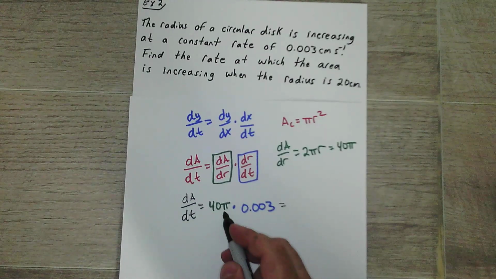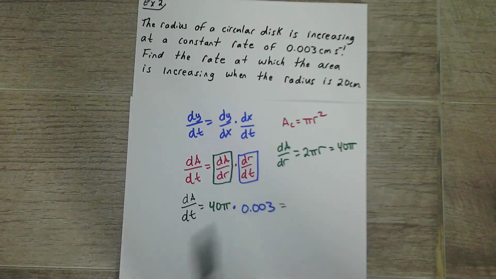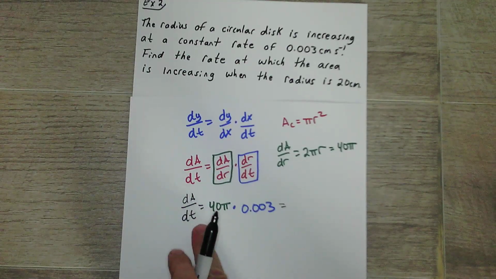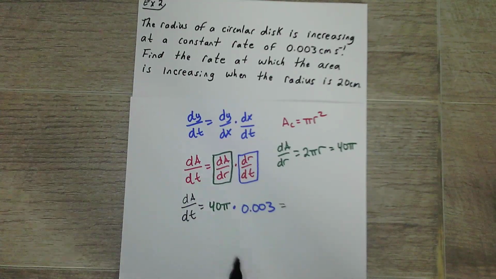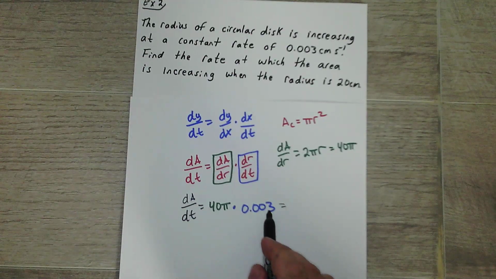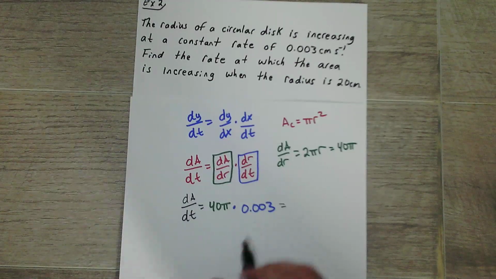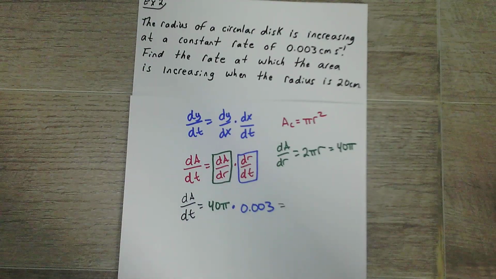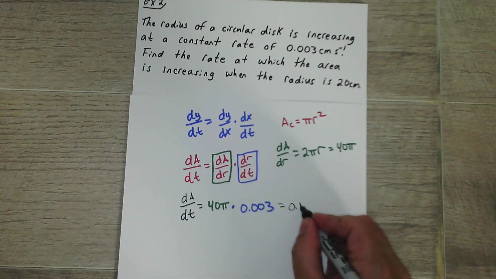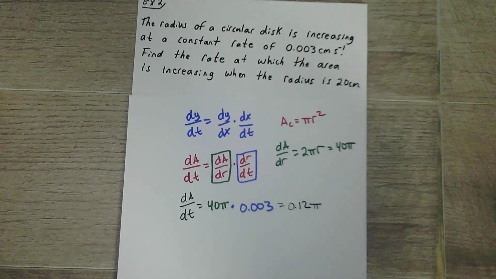In these cases, when you're given pi, you can always just leave pi as pi, and you just multiply the two coefficient numbers. So you would do 40 times 0.003. Now 3 times 4 is 12, and 3 times 0 is 0, so we have 120, but then we need to move it over 3 decimal places. So if you do it in your head, you get 0.12. If not, use your calculator, and don't forget to tack on the pi.